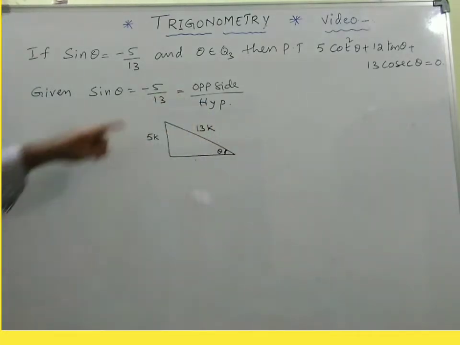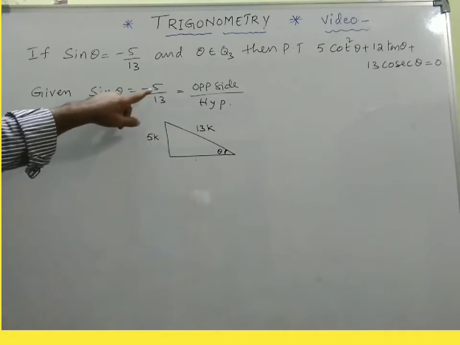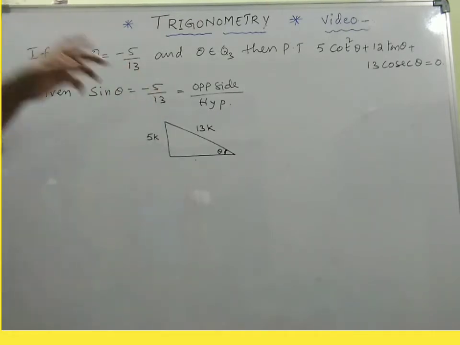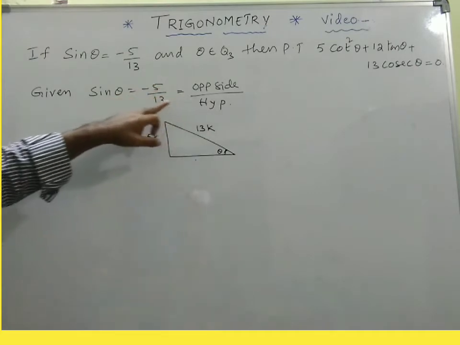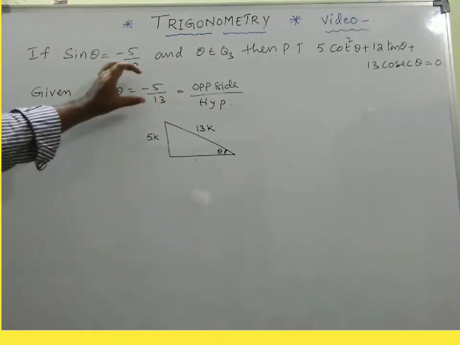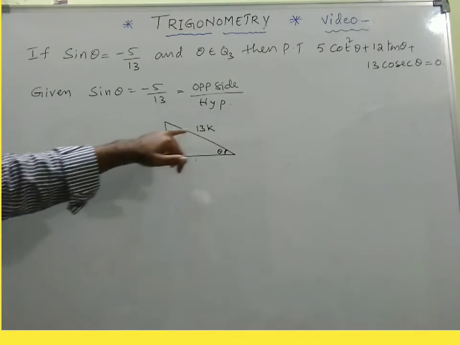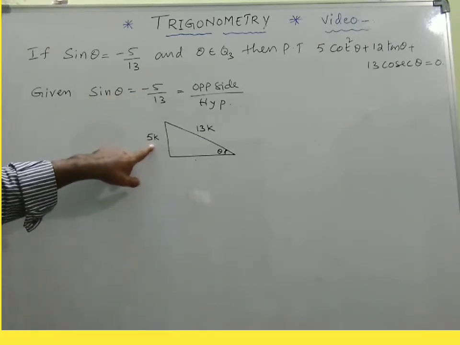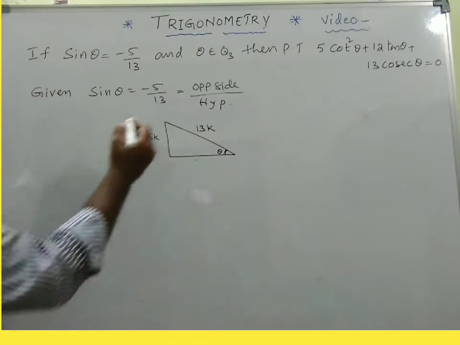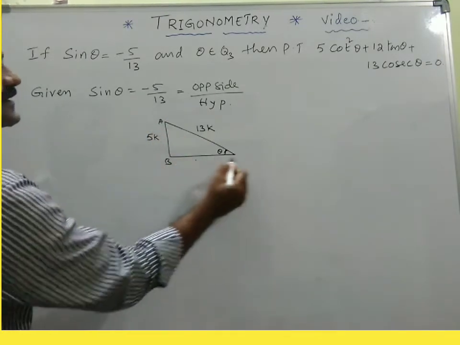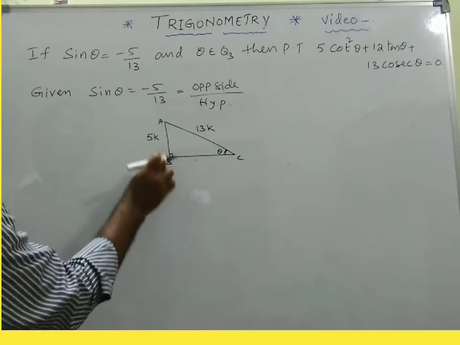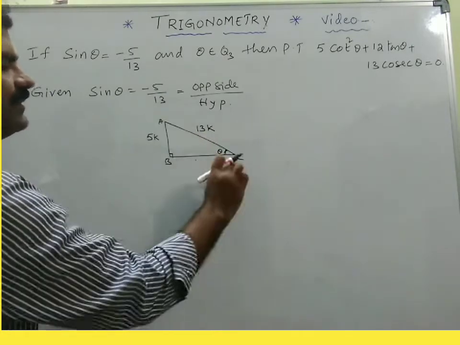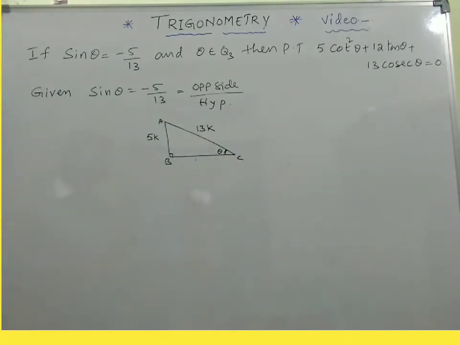I told you this is only a ratio but not the length of the sides. Don't think that the opposite side length is 5 and hypotenuse length is 13. It is only the ratio between them, that's why 5k and 13k. And my dear, you need to remember one more important point: never consider minus here, because AB, AC and BC are lengths, and length is never expressed in negative units.